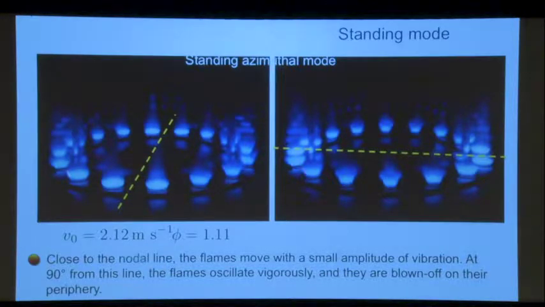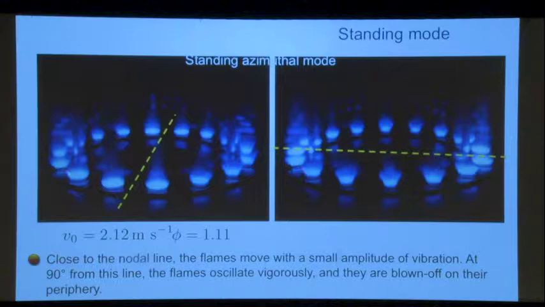And so the nodal line can be placed like that, or can be placed like this. And you see that the flames which are close to the nodal line are rather different from the flames which are perpendicular to this nodal line. Where you are at the very high pressure, many of the flames around are apparently blown off, while when you are close to the nodal line, all the flames are there. There is a difference. Even by the eye, you can see that difference.